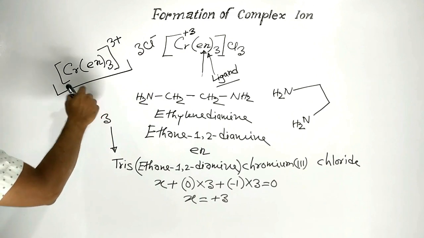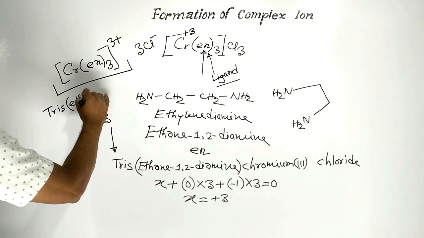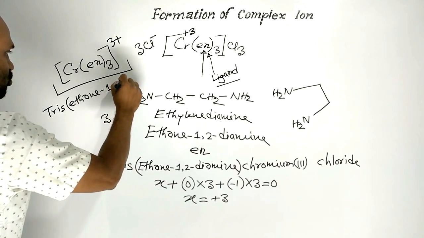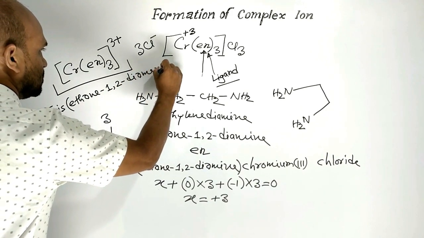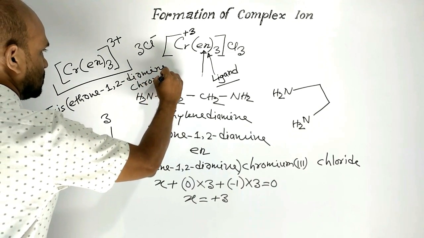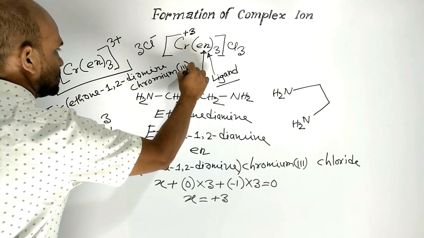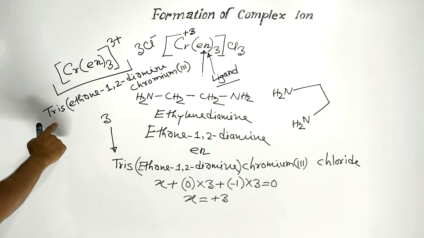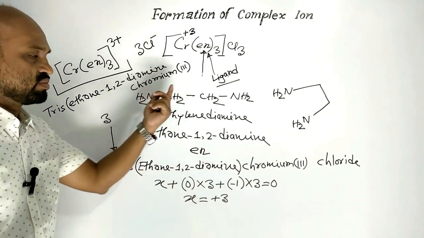Its name is tris ethane 1,2-diamine chromium 3. This is the complex ion and its name is tris ethane 1,2-diamine chromium 3.